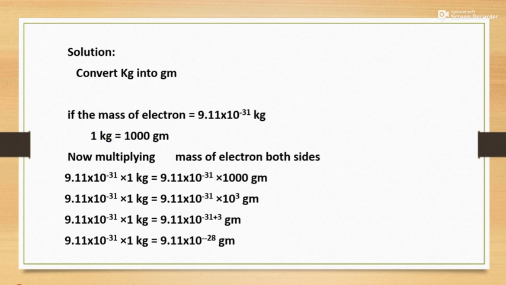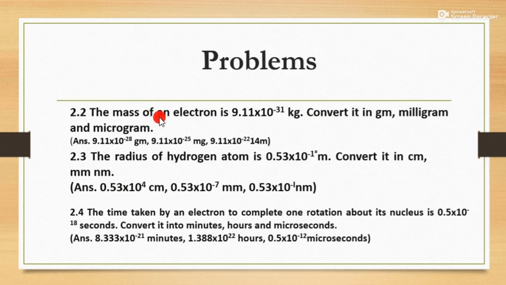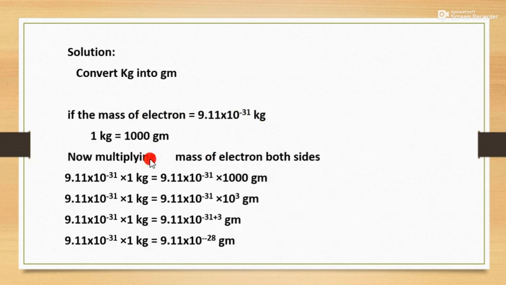Now we will convert kilogram: 1 kg is equal to 1000 gram. In this question, we convert the mass in kilogram into gram. First of all, we will convert kg into gram, using 1 kg is equal to 1000 gram.